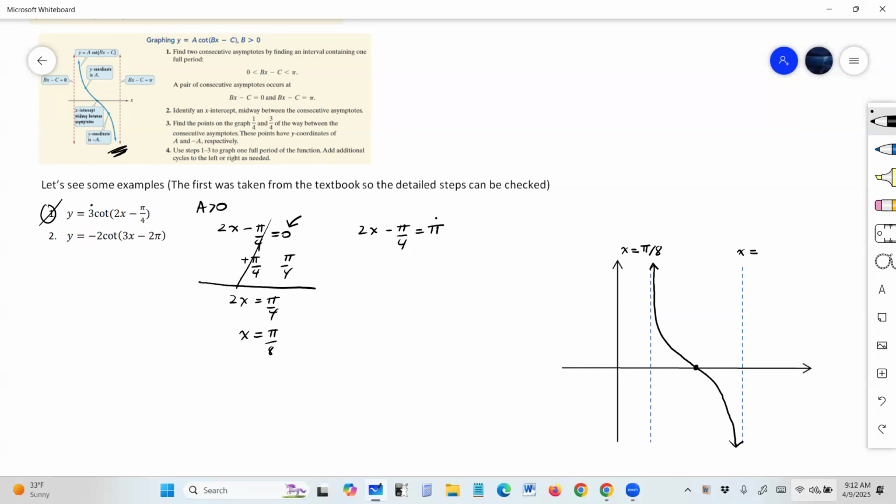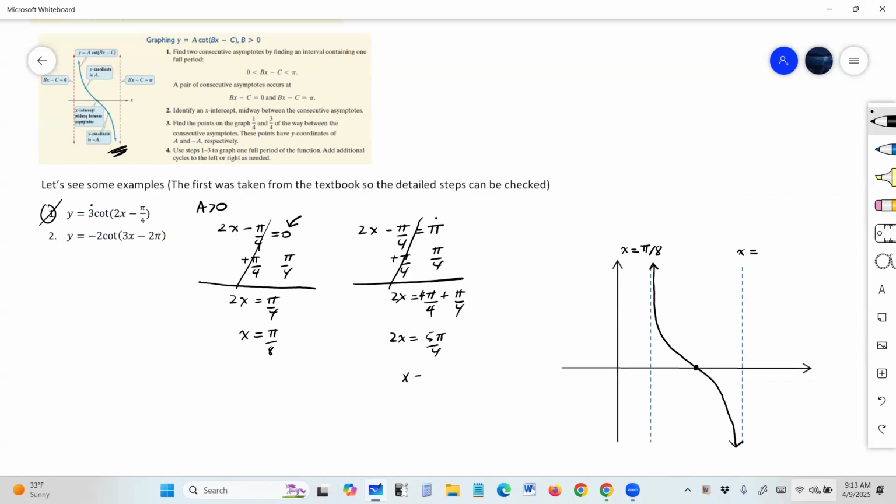Now let's solve the other equation, same as before, adding pi over 4 on both sides. Now I have pi plus pi over 4. I find a common denominator, which happens to be 4. I adjust the numerator, so I have 4 pi over 4 plus pi over 4, which is obviously 5 pi over 4.